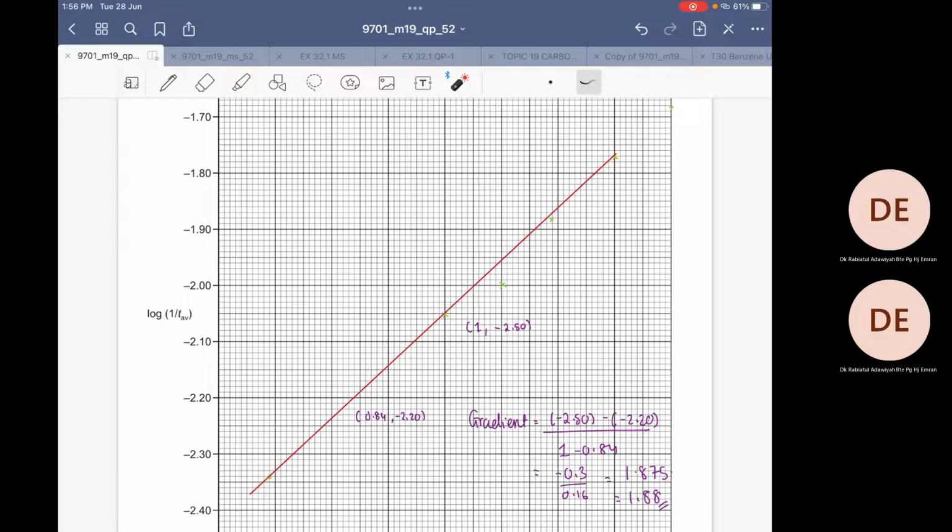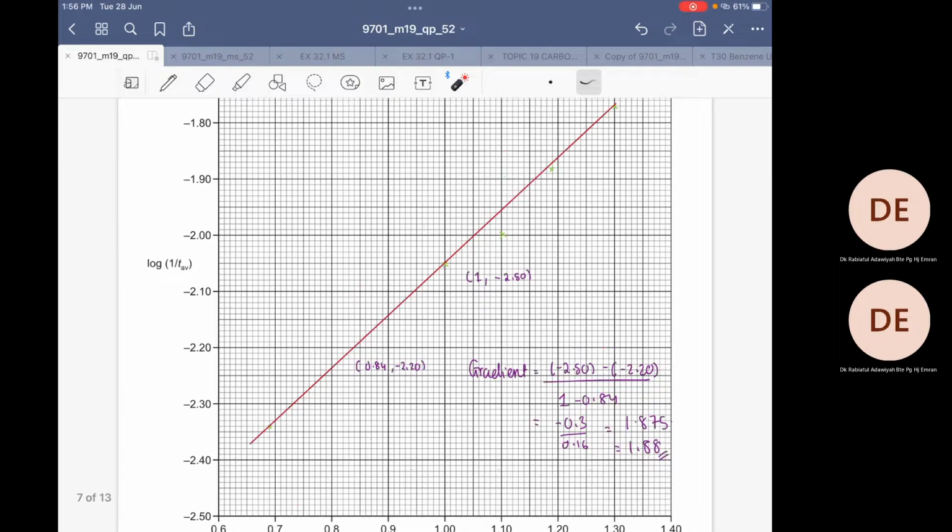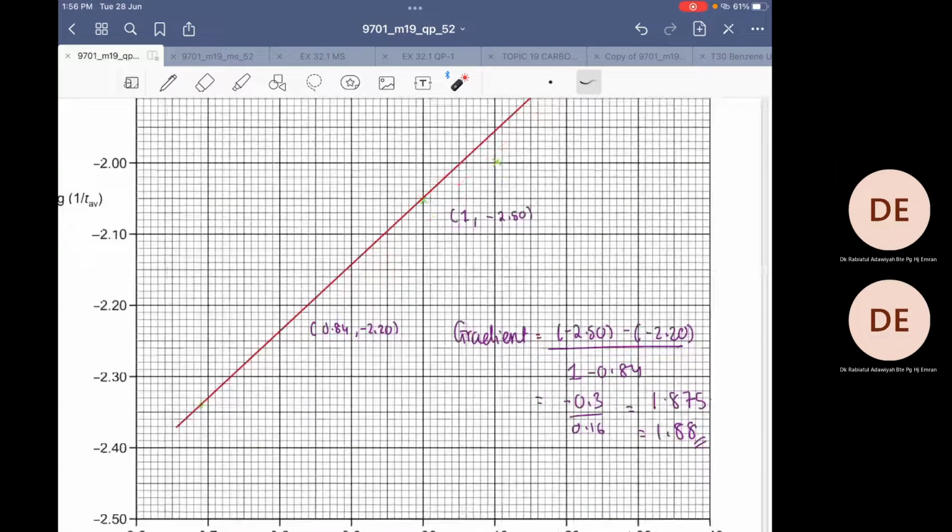All of them can sit on the line, some of them can, or even none of them can sit on the line, yet it can still be the line of best fit, as long as the line is in the middle or between all of your points. Did you manage to get some gradient?